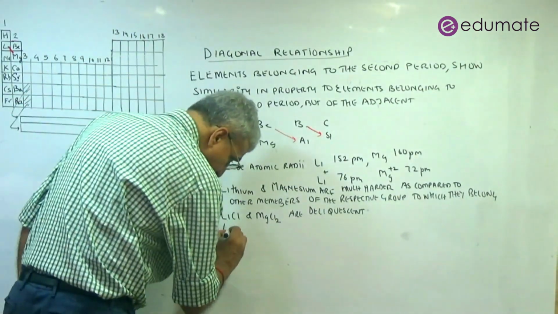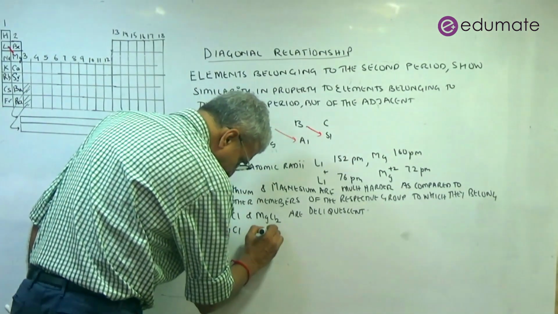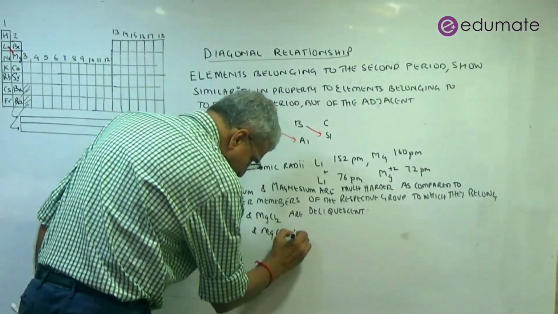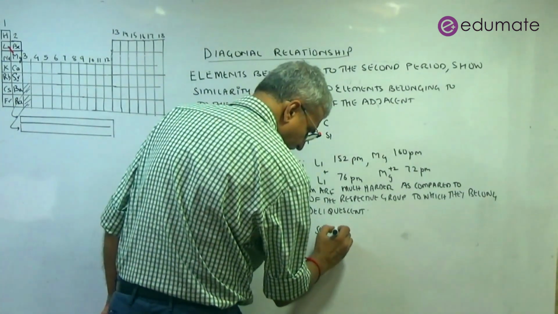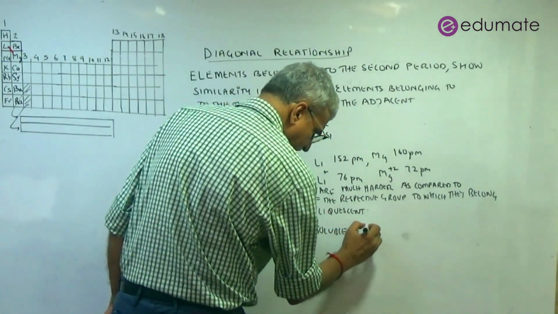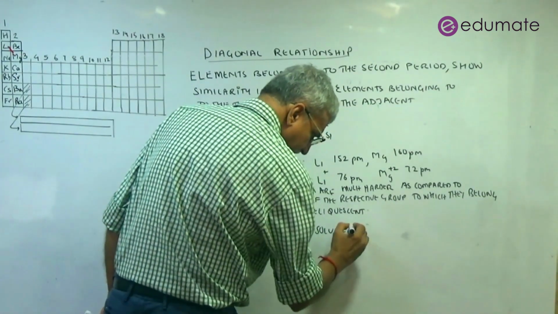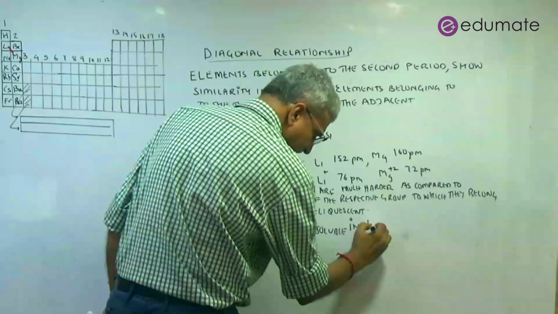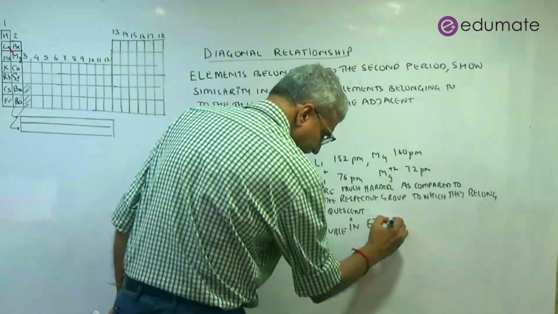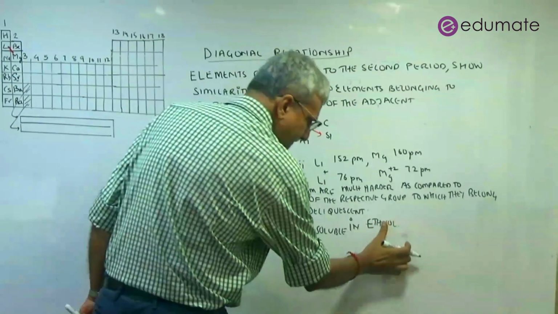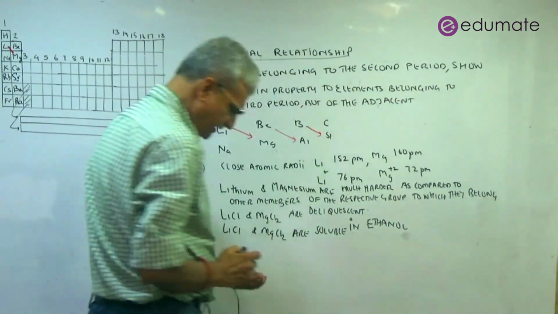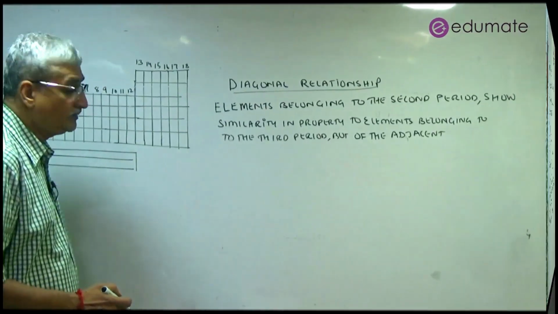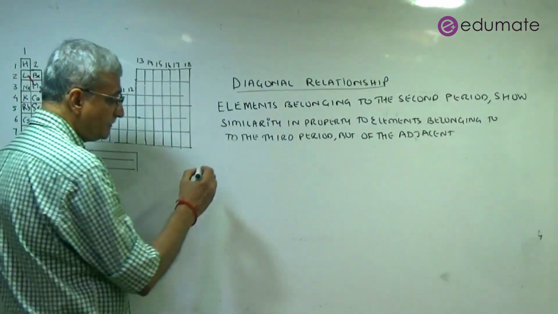Yes, here also lithium chloride and magnesium chloride are soluble in ethanol, or ethyl alcohol. So we continue with our discussion on the diagonal relationship.